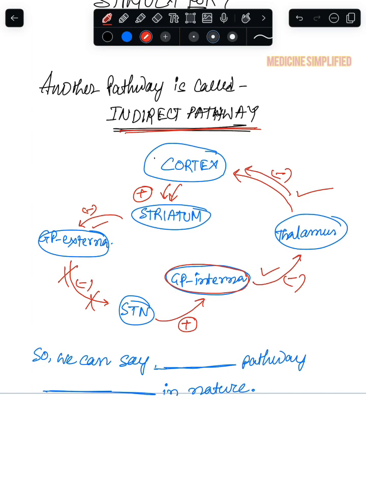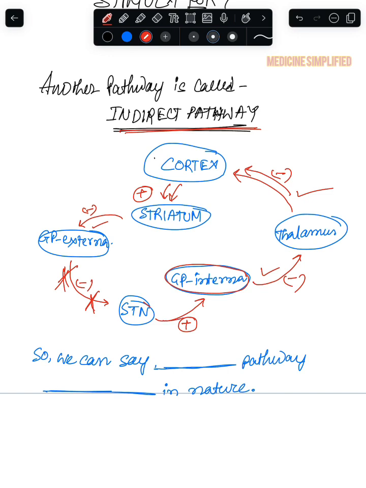Okay, understand? I am going one more round. Cortex sends stimulatory signals to the striatum. Striatum gets activated. The activated striatum will inactivate globus pallidus externa through inhibitory signals. As globus pallidus externa is inhibited, the normal inhibitory output to the subthalamic nucleus will be absent.